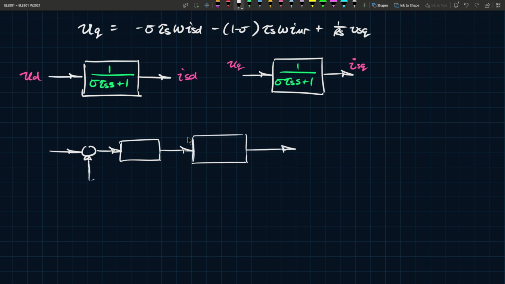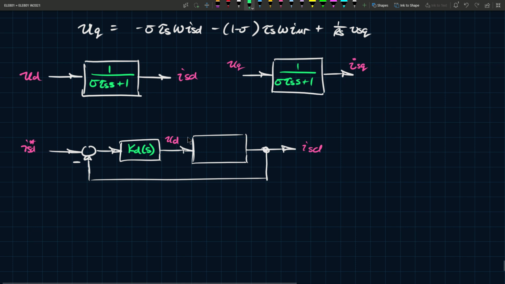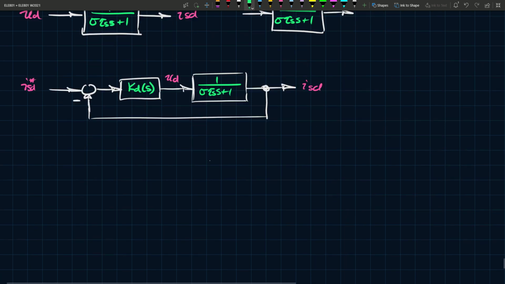ISD star is here, ISD actual is there, UD is the output of your compensator. Let's call this KD of s, and inside the plant you have your 1 over sigma tau S s plus 1. So this is for the D axis.